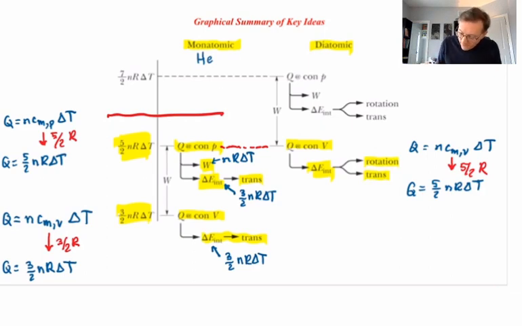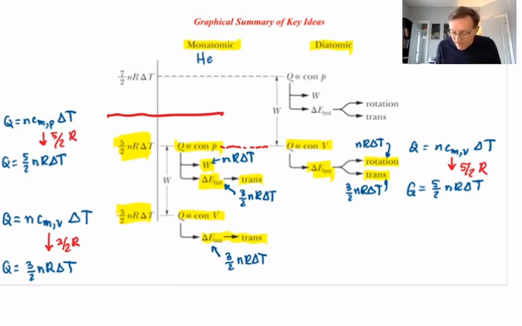Just to be clear, the energy change that goes into increasing the translational motion is 3/2 nR delta T, because there are 3 degrees of freedom. And the energy change that goes into increasing the rotation is 2/2 nR delta T, or 1 times nR delta T. Okay? That's what happens if the volume is constant in a diatomic gas.